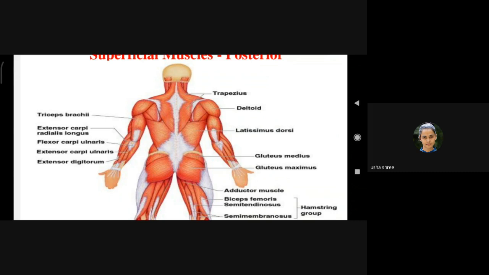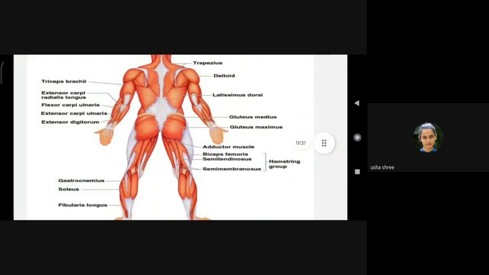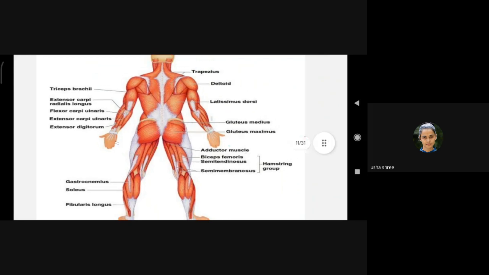Gluteus maximus, gluteus medius, and gluteus minimus form our glutes. The major muscles of the back are latissimus dorsi and trapezius. Which one is the biggest? The biggest is gluteus maximus, and the longest is sartorius. So these are the important questions that may come from anywhere.